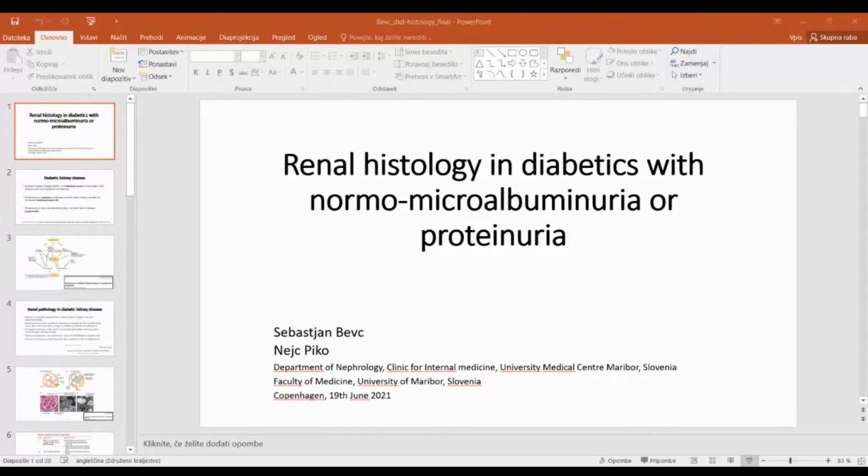Also, these characteristic pathological changes in diabetic kidney disease include thickening of the glomerular basement membrane and mesangial expansion. These changes per se do not easily answer the question why the patient actually developed proteinuria. So recent advances have been made in the podocyte field and glomerular endothelial cell biology.